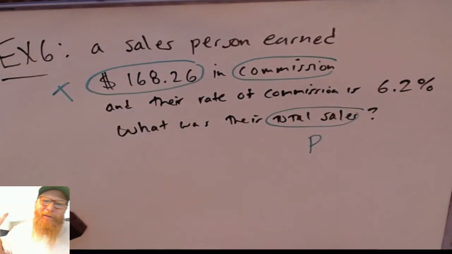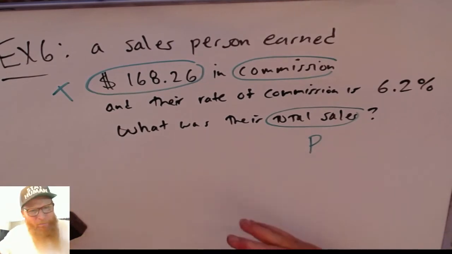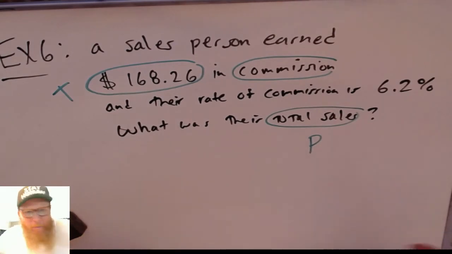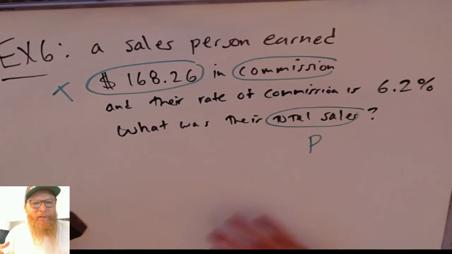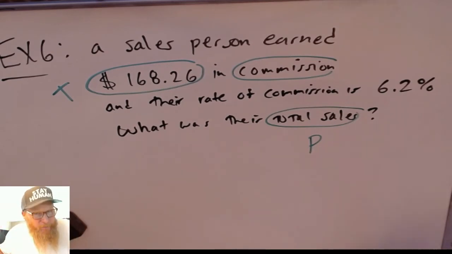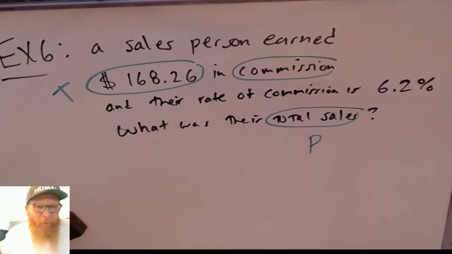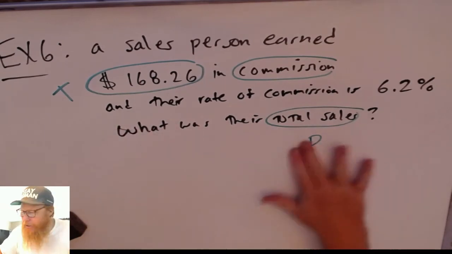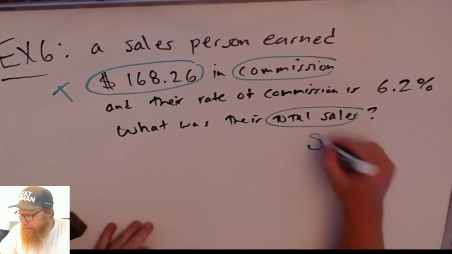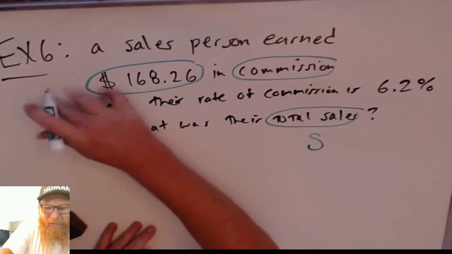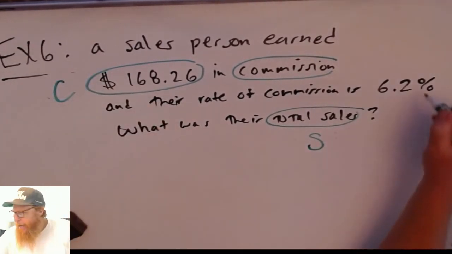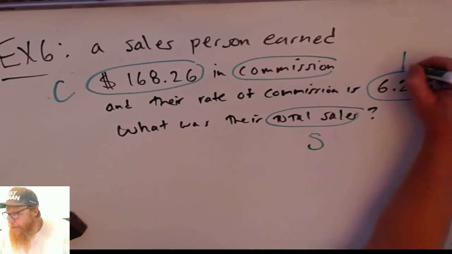Now remember, you don't even have to be a mathematician. Human beings in general that solve problems, which includes mathematicians, can choose whatever variables they want. So you certainly could choose total sales is S and commission is C, and then you could say your rate is P if you wanted.